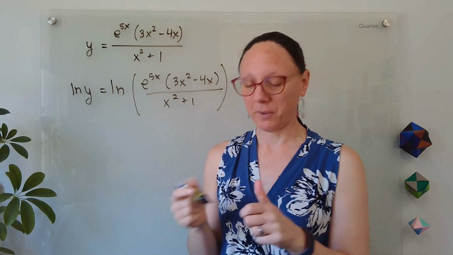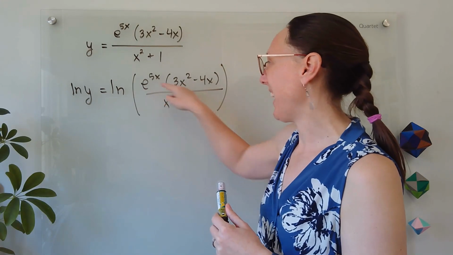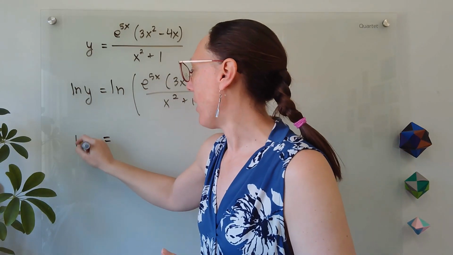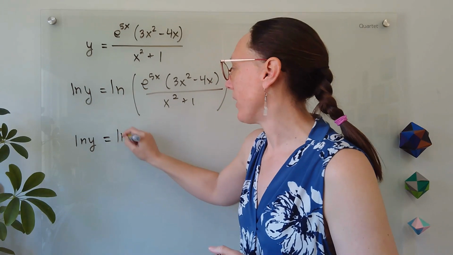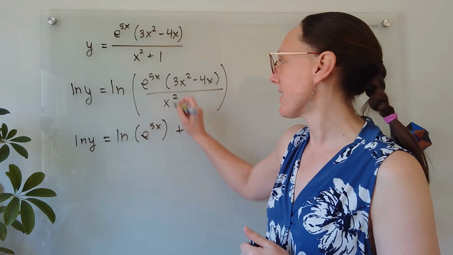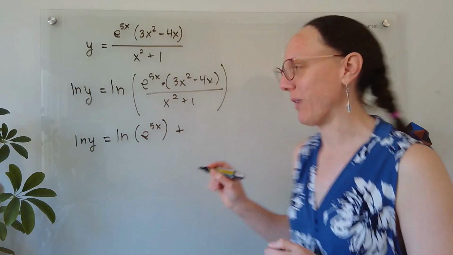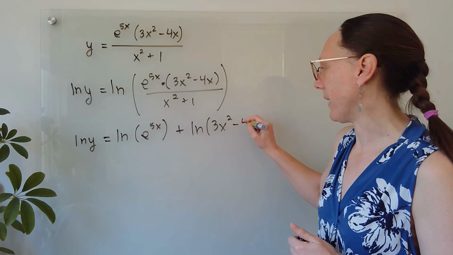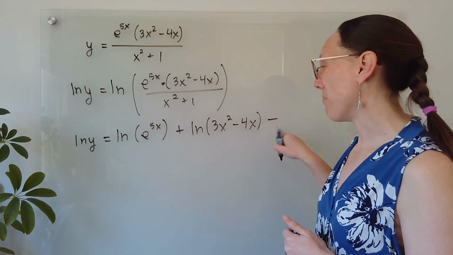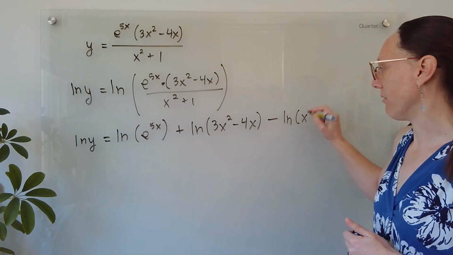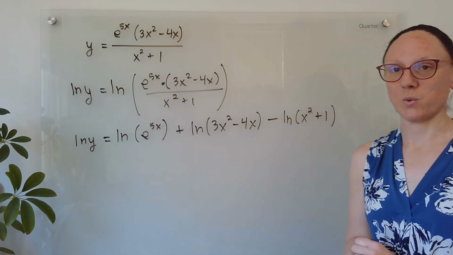So the first thing that I'm going to do is to break up the division and the multiplication. When I break up the top, that's going to become natural log of e to the 5x plus, because I've got multiplication going on right there, natural log of 3x squared minus 4x, and then minus, and that's coming from our division, the natural log of x squared plus 1.